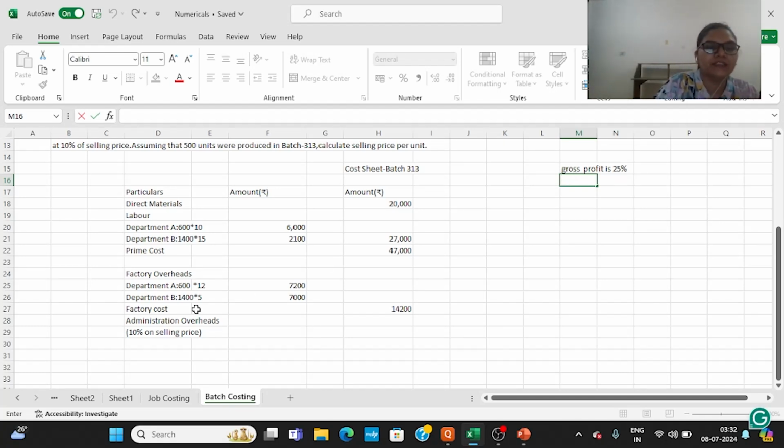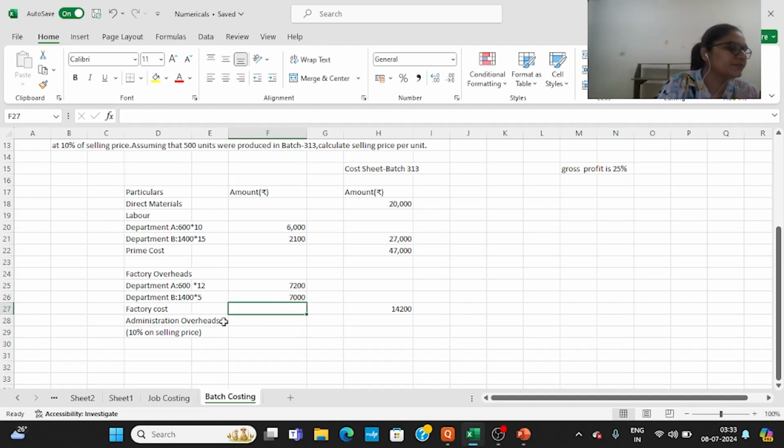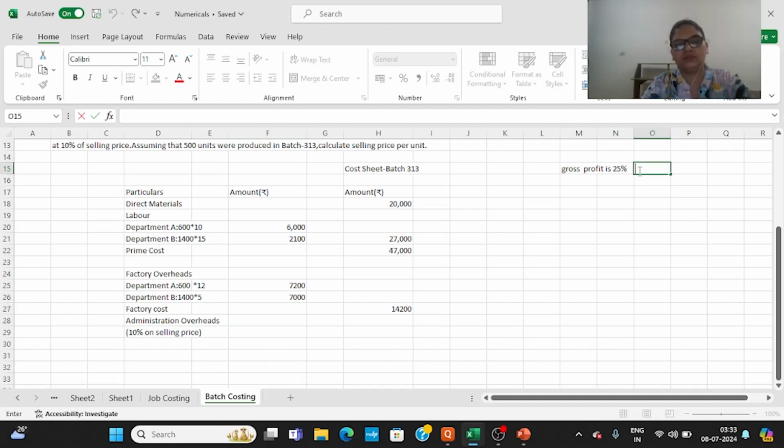So basically gross profit is sales minus factory cost.